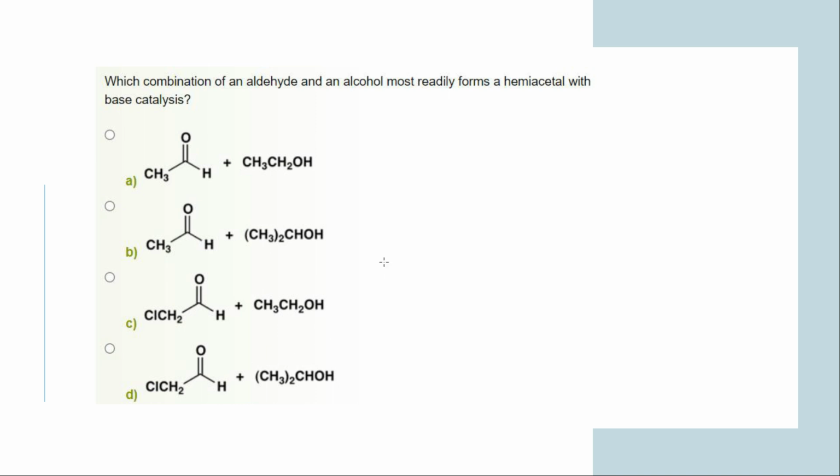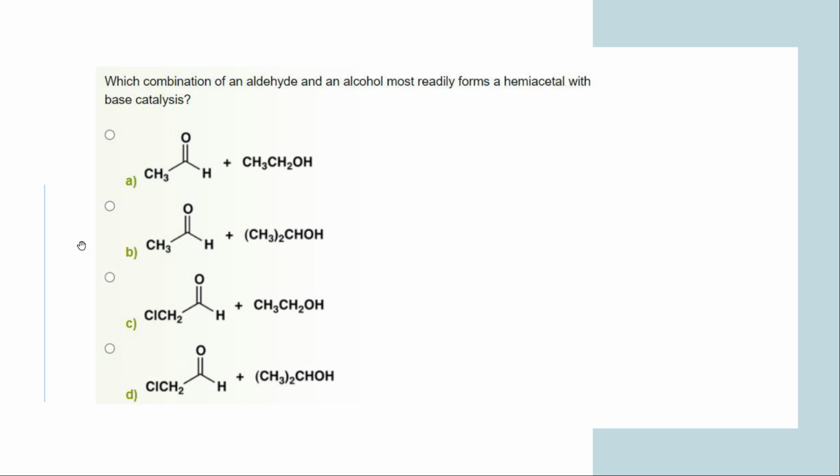Now you have to choose whether option A or option C will undergo hemiacetal formation most readily. For that, you have to look at the aldehyde. Which aldehyde is electron rich and which one is electron poor? The electron poor one will react most readily, because it needs electrons. Since the lone pair is attacking, the incoming electrons will be more readily accepted by a carbonyl which is already electron deficient.